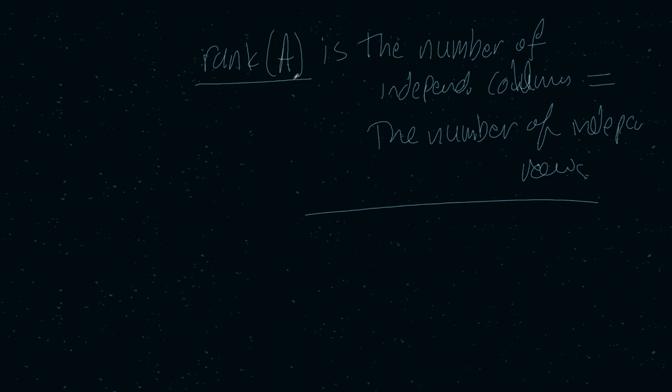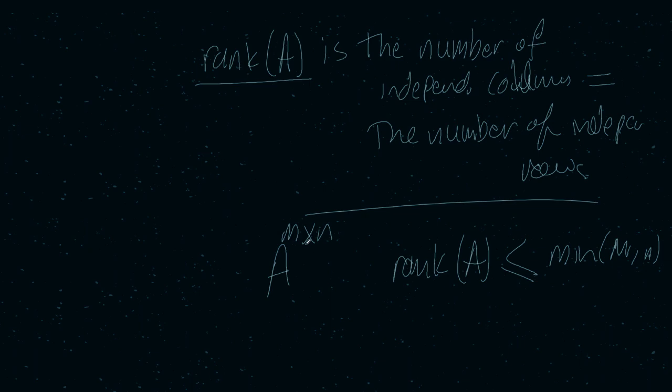Now, what is the meaning of full rank? Let me check one thing before I go to the complete rank or full rank. If you have a matrix A with a dimension of m times n, the rank of A is less than or equal to the minimum of m and n.